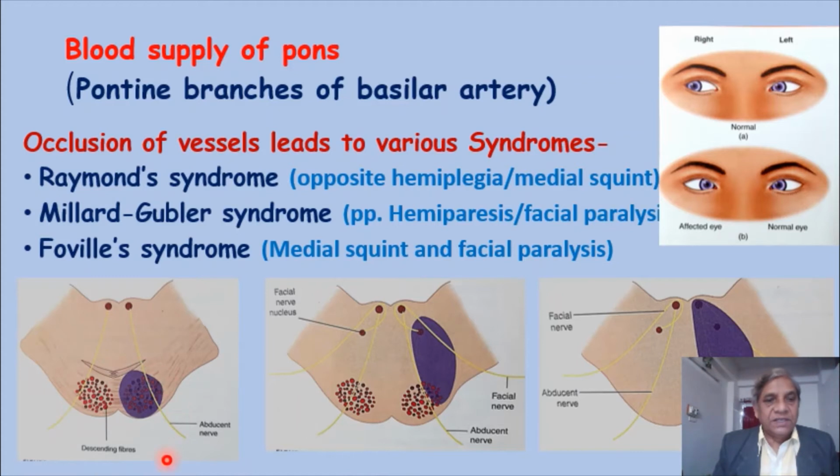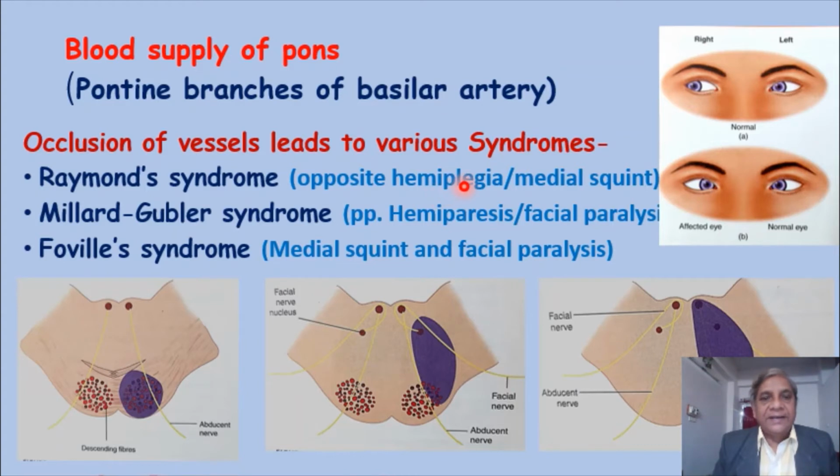In the first slide it is shown as Raymond syndrome. Here the occlusion area damages the part containing the corticospinal and corticonuclear fibers, so there will be opposite hemiplegia or paralysis.